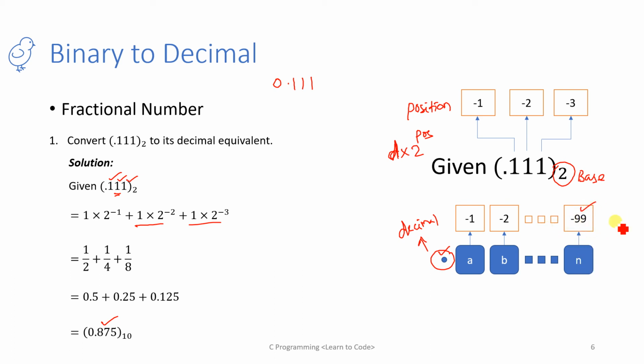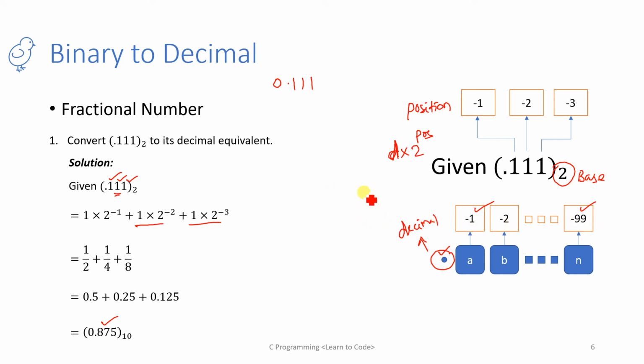It may go more. Just for the sake of understanding, I have written -99. I am assuming that there are 99 numbers present after the decimal point. So however many numbers are present, we should decrease the value accordingly. Okay, -1, -2 up to -99.